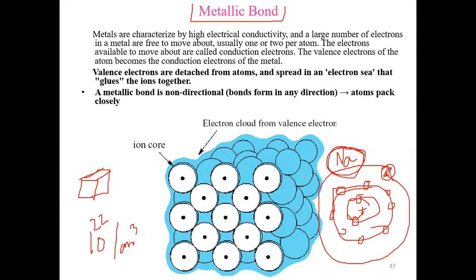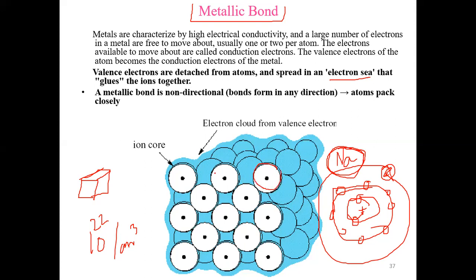When these 10 to the power 22 electrons are detached from the atoms, they make the so-called electron sea or electron cloud. This electron cloud is negatively charged, and when they are detached, they leave behind positively charged ion cores.